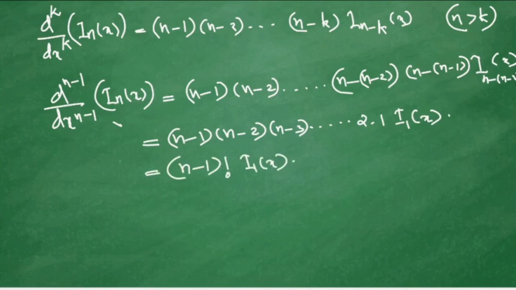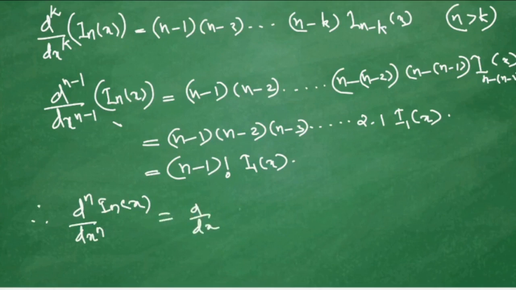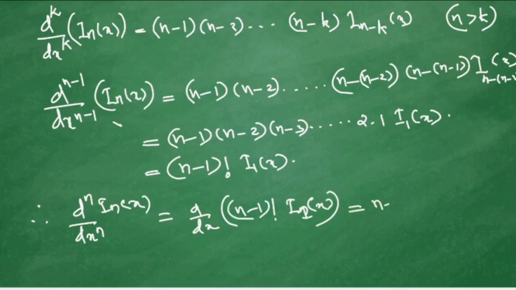That is the n minus 1th derivative. Therefore, the nth derivative, d raised to n by dx raised to n of I n of x, is equal to d by dx of the n minus 1th derivative, that is n minus 1 factorial into I1 of x, which is equal to n minus 1 factorial into dI1 by dx.